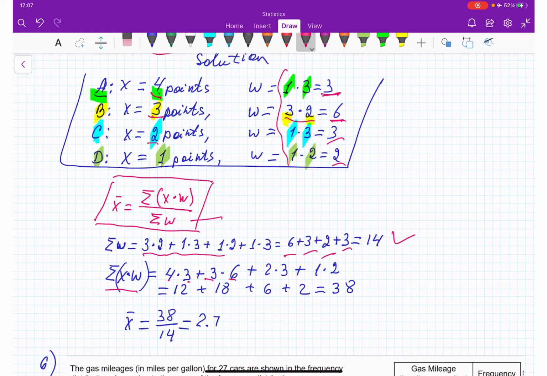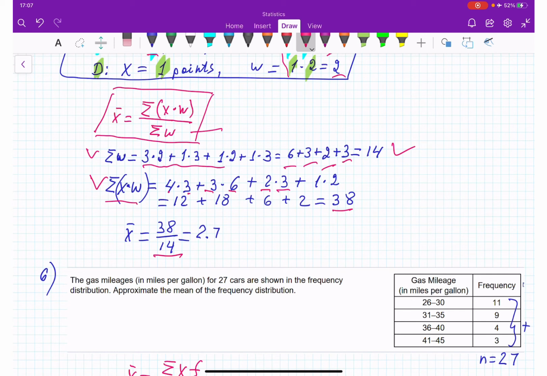For C, we have 2 points, and the weight is 3, and so on, plus 1 times 2 for D. And you get 38. At the end, I divide this sum of XW, which is 38, by the sum of weights, which is 14, and I get the average, which is the final grade, 2.7 points.